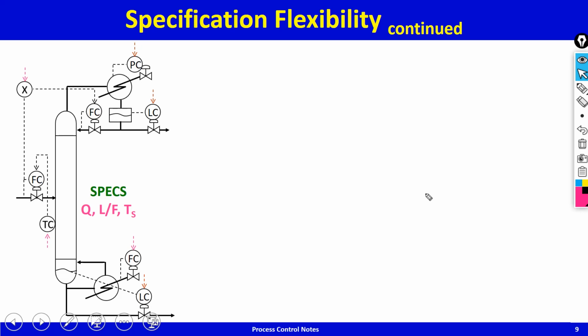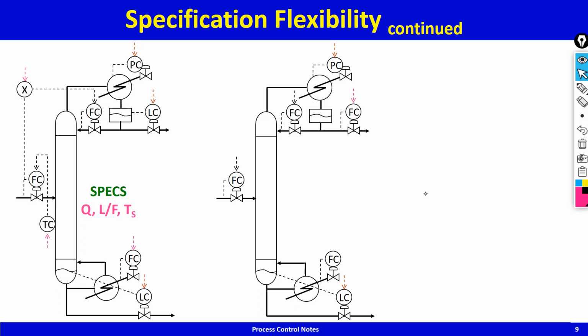Let's take this a bit further. Look at the next. Instead of setting production using the boil up or the reboiler duty, we're going to set production by fixing the distillate rate. Why would you want to do that? You may want to do that because let us say the distillate is feeding into a downstream unit which is very fragile.